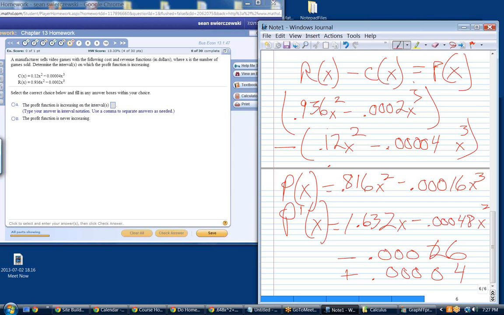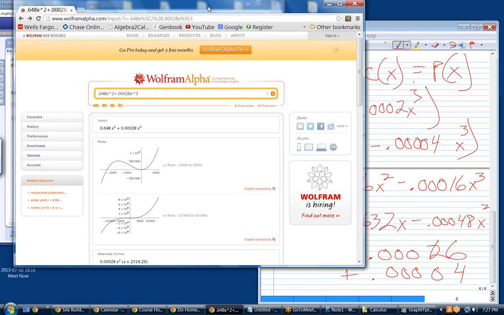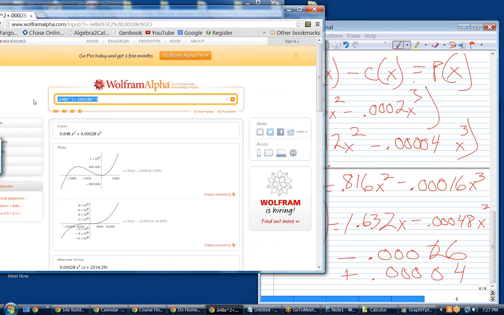So there's our derivative function. We want to plug the derivative function into Wolfram Alpha so that it'll tell us the 0 points of this function.